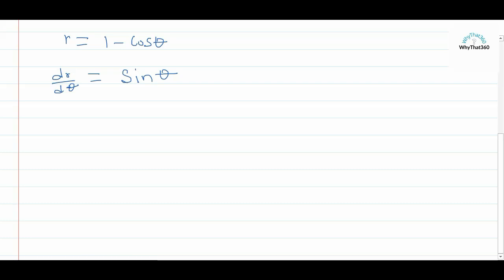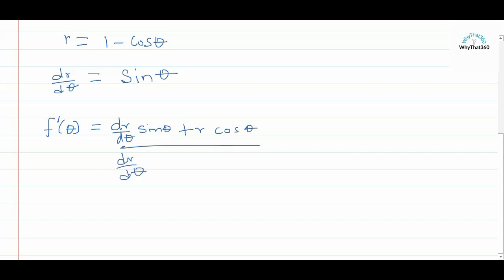So we will say f prime of theta, which is our dy dx, which is also known as the gradient function or the slope, is equal to dr d theta multiplied by sine theta plus r cos theta, all divided by dr d theta multiplied by cos theta minus r sine theta.